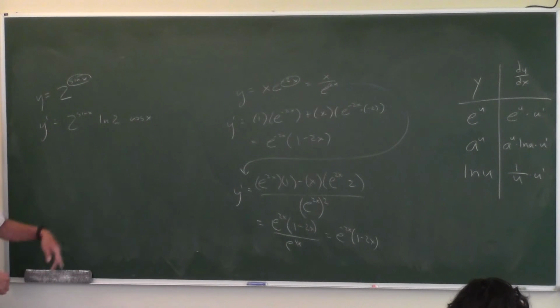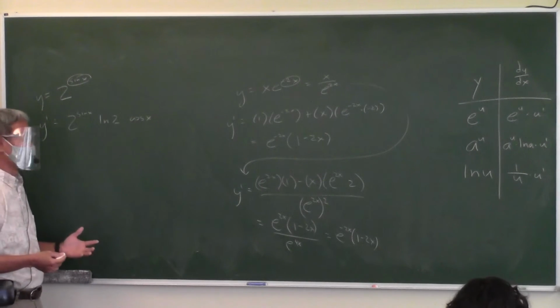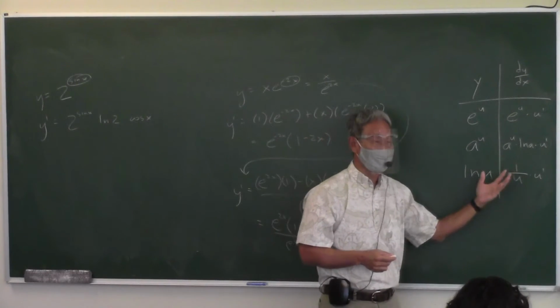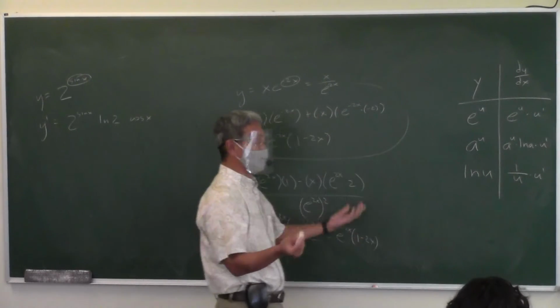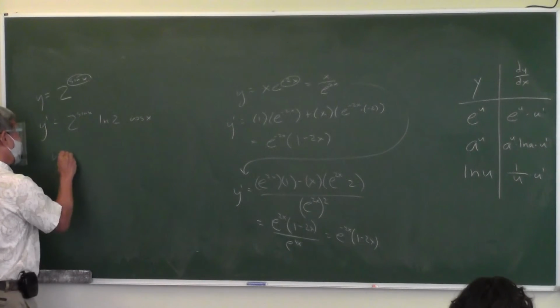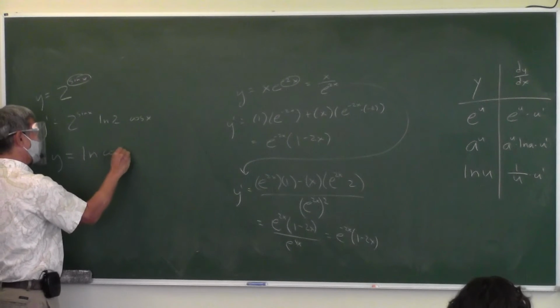Okay, and then the last one. This is why e is such a special number. Look how nice the derivative of natural log box is: 1 over box times the derivative of box. That's a nice derivative. So here we go. y equals natural log sine x. Now let's do cosine x.